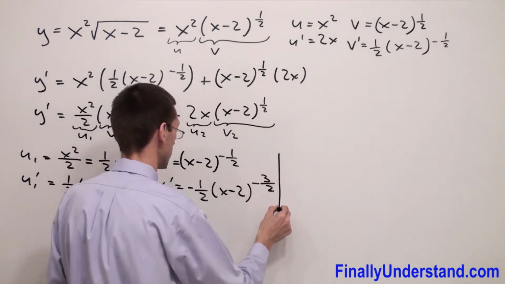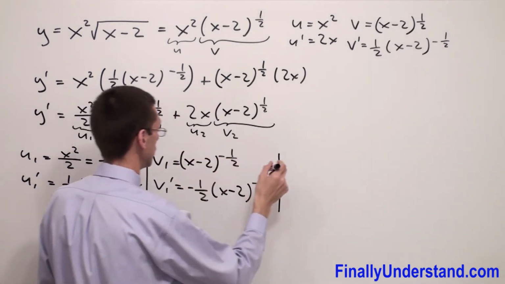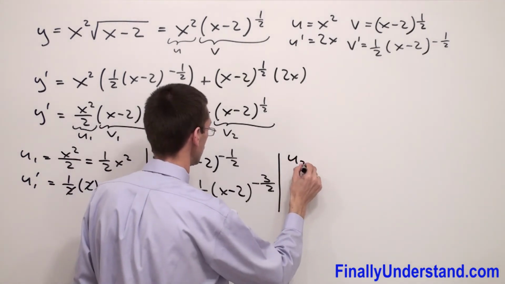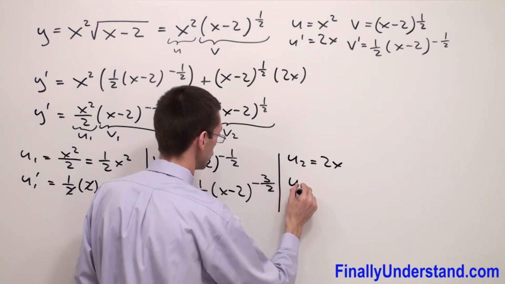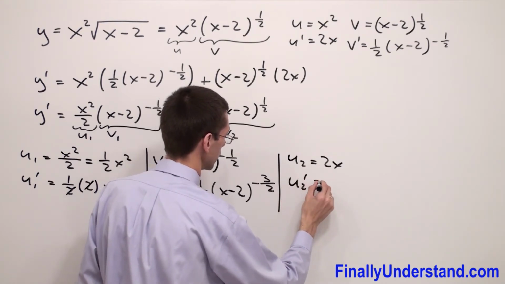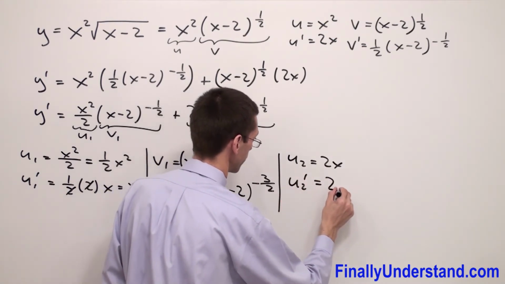Next, we're going to calculate u2, which is equal to 2x, and u2 prime is equal to simply 2.